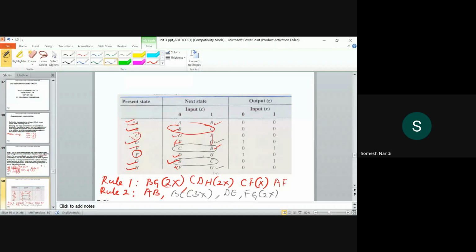Then which combination is left out? DH. DH is, you can make D and H as adjacent, but it is appearing only once. So it is a minimal priority. It does not take highest priority. So this is about your rule 1 and rule 2. Any doubts here? You can clarify if you have.